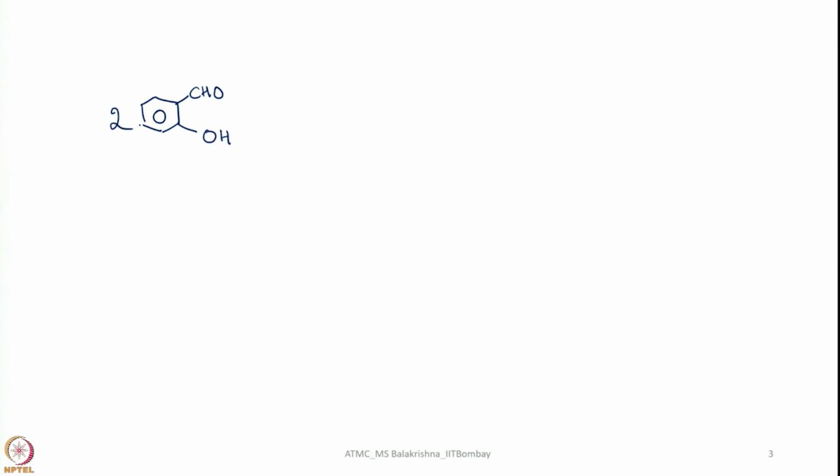Let us take two equivalents of salicylaldehyde and treat this with ethylene diamine. It gives two equivalents of water and forms this condensed bis salicylaldehyde ethylene diamine ligand.